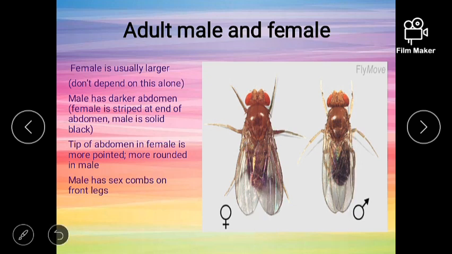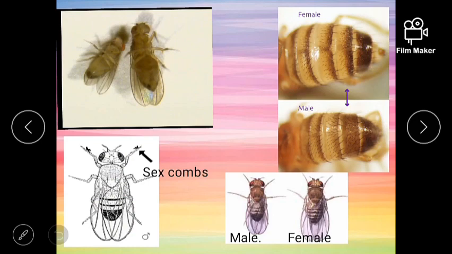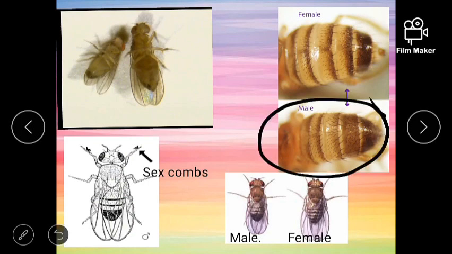And we can say that males have sex combs on their front legs. Here you can see them clearly in this image. So we can distinguish the male and the female on these bases.